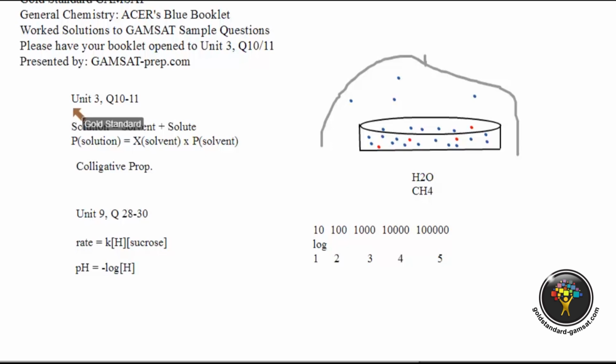What this says is that because of this negative sign, not because of the logarithm, when pH goes up, hydrogen goes down. When pH goes down, hydrogen goes up. That's because of the negative sign. That has nothing to do with the logarithm. The purpose of the logarithm is to straighten out the curve.